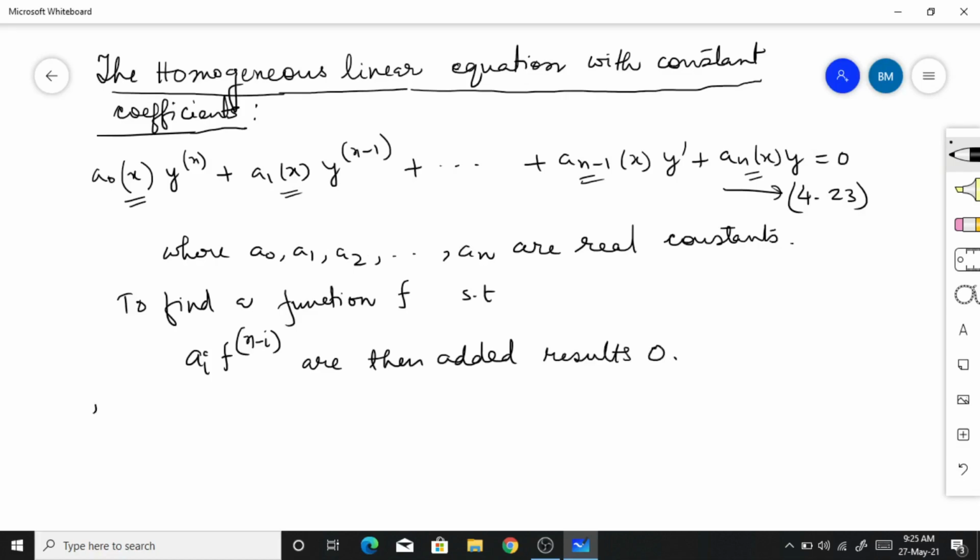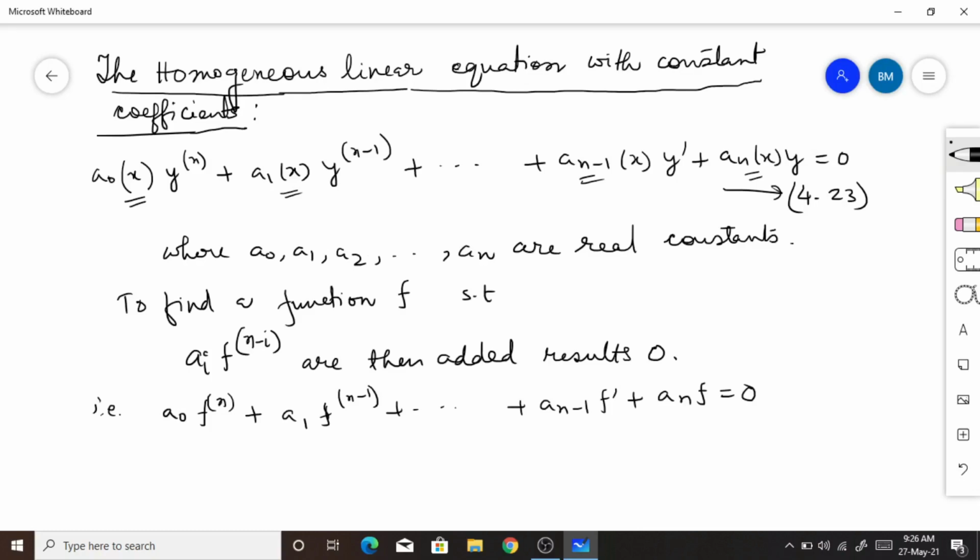In other words, I am searching for a function f satisfying a naught f^(n) + a1 f^(n-1) + ... + a_{n-1} f' + a_n f = 0 for all values of x for which this result is defined. For this to be the case, we need a function f such that its derivatives are constant multiples of itself.